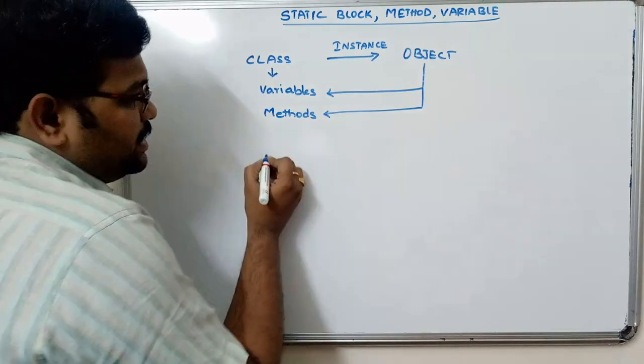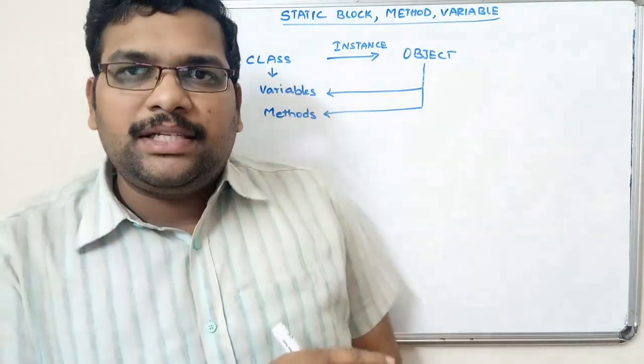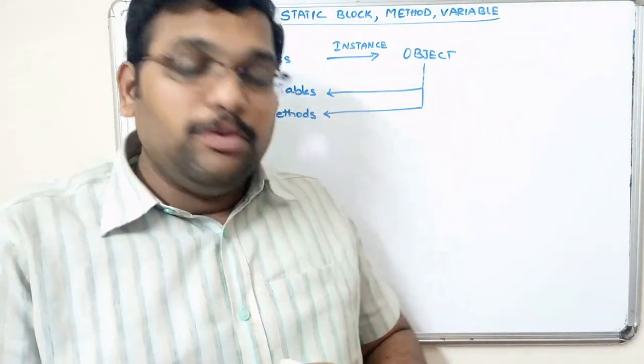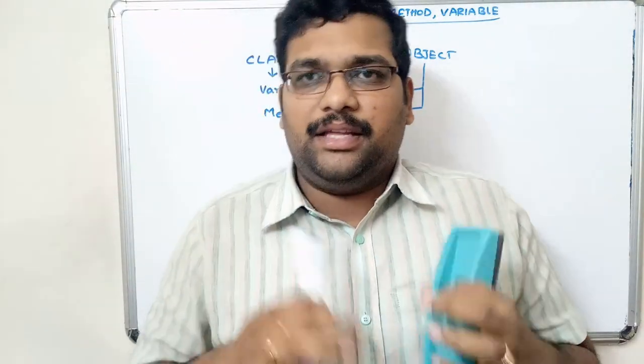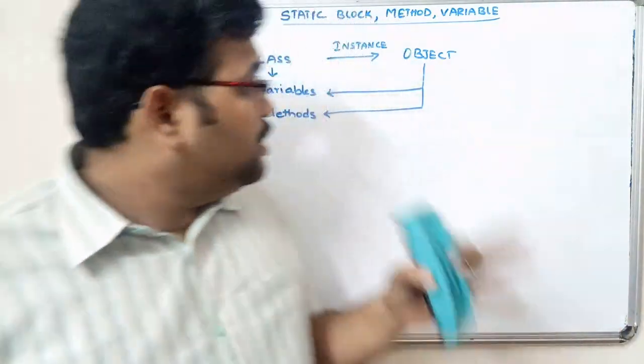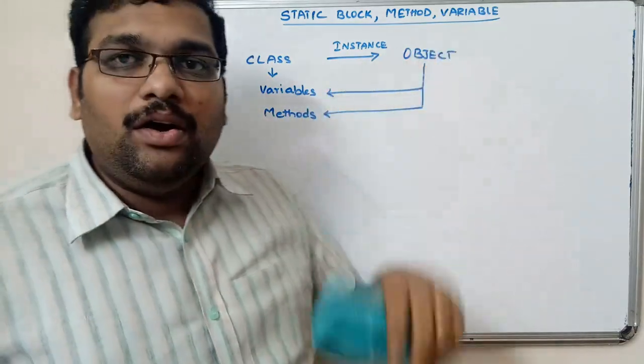Coming to instance variables, those are the variables which are declared inside the class and outside the method. They can be accessed through the object.